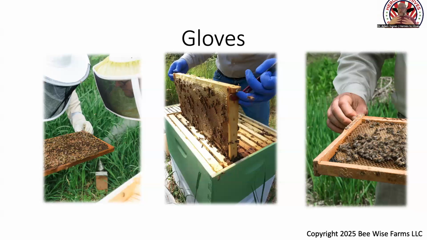So you have the ability to pass pathogens to other colonies that you work after you work that diseased hive. This is the major drawback of these gloves: they are constantly being used over and over again, hive to hive, and you're just passing things from one hive to another. So that's one big drawback of those gloves.